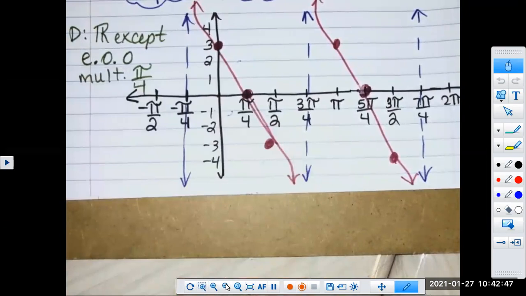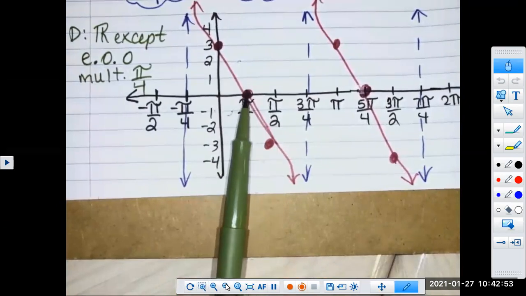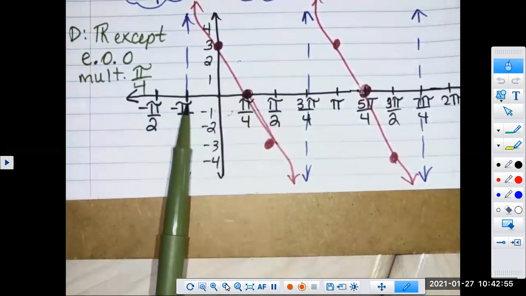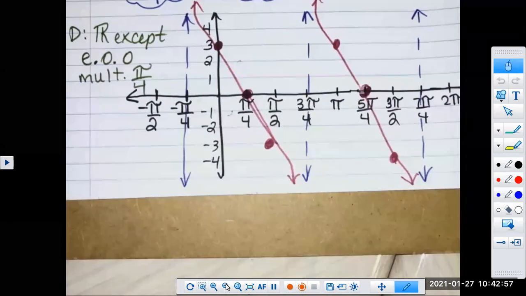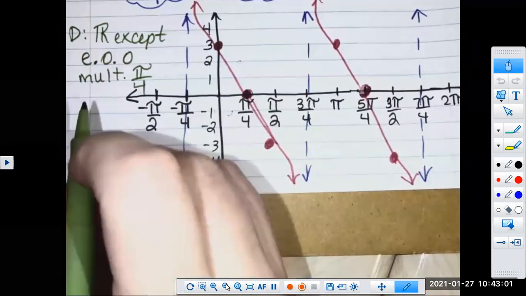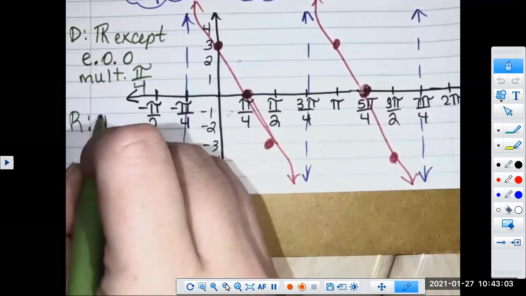It doesn't start with, it skips 1 pi over 4, goes to negative pi over 4, 3 pi over 4, 7 pi over 4. And your range is all real numbers.